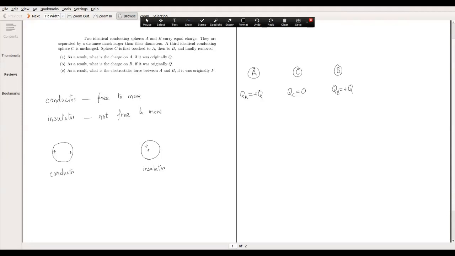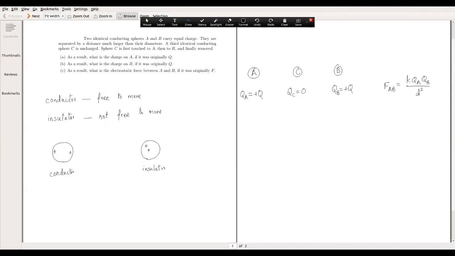So the force between A and B, the magnitude of that, is equal to K times charge on A, that is Q of A, times charge on B, that's QB, over the distance between them, D squared.